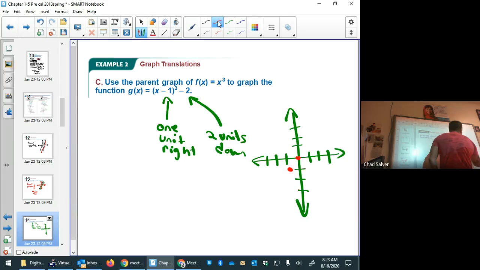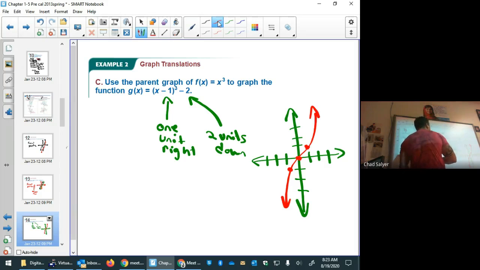So here's our points for y equals x cubed. And so we'll take those points and go 1 unit to the right and 2 units down, like so. And then we'll graph the same shape around.